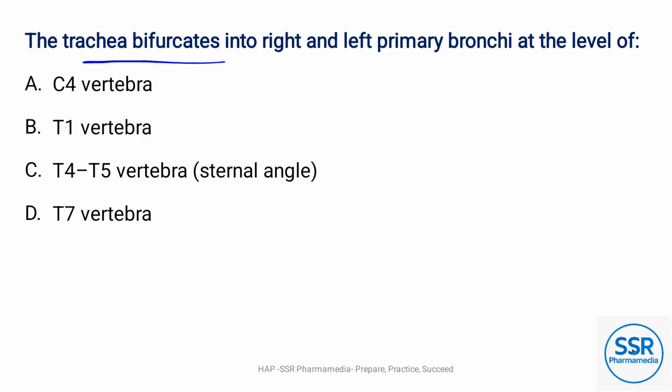The trachea bifurcates into right and left main bronchi at the level of: option A, C4 vertebra; option B, T1 vertebra; option C, T4, T5 vertebra; option D, T7 vertebra.